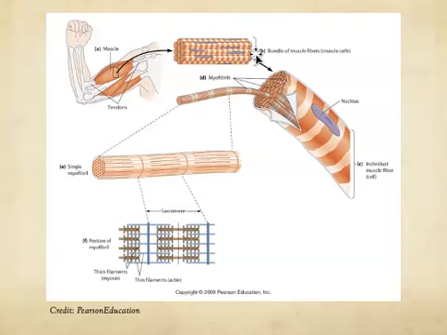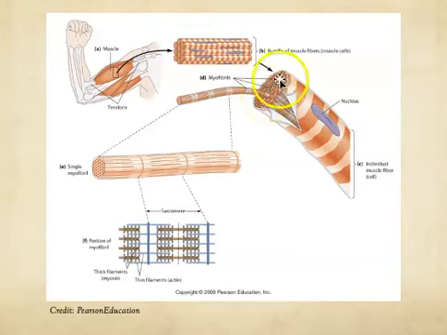Now, if I were to take one of these muscle fibers, one of these tubes, and blow it up, that's what I'm looking at here. So this is one cell, one muscle fiber. You can see the striations clearly from the outside. You can see a nucleus right here, sort of squished up against the membrane. And you can see that the membrane has been cut away here so that we can look into the cytoplasm.